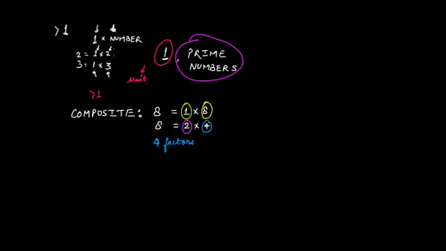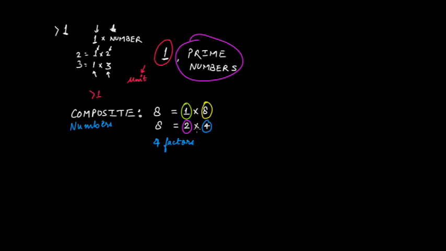And here we saw that for a prime number, the number should only have two factors, that is 1 and that number itself. Other than that, there are no factors. But in the case of composite numbers, as we saw in the example of 8, it has 4 factors.